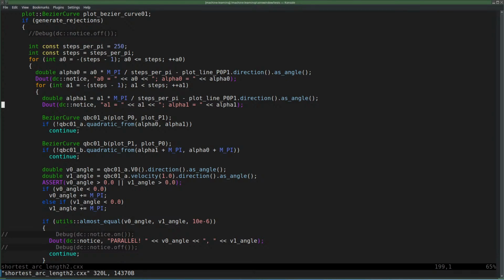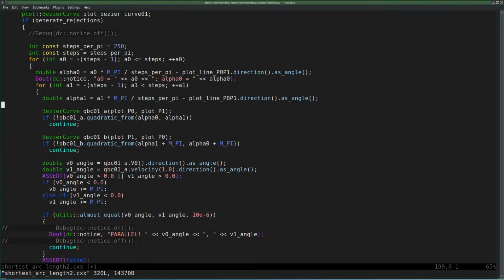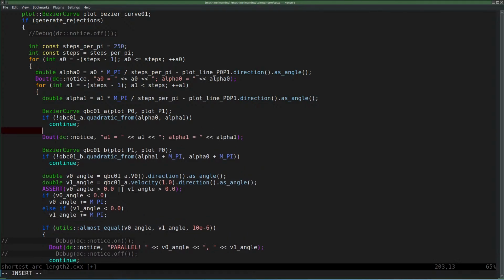I mean, it's not the case that there is no quadratic solution for anything except almost parallel. It should give me the same output, as good as the same.